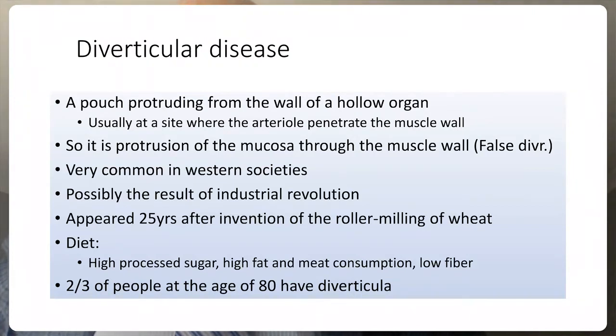And that by itself might be a reason. Also, the fact that we consume more food that contains a high quantity of processed sugar and fat, and generally low in fiber.